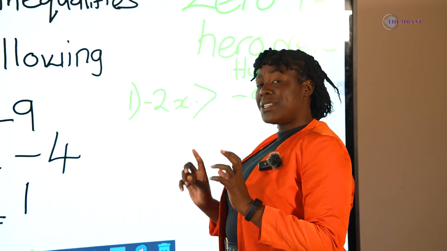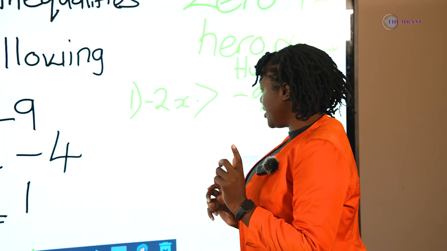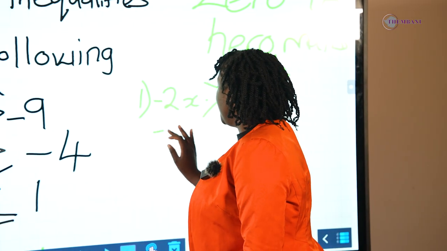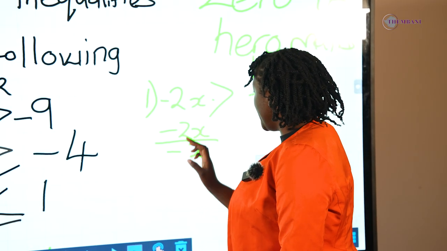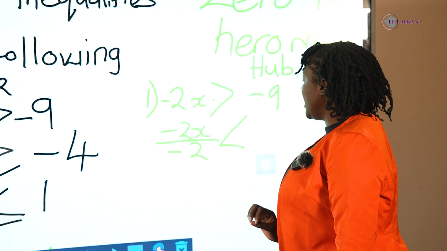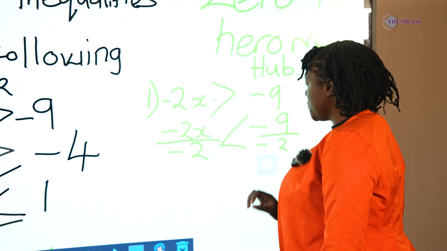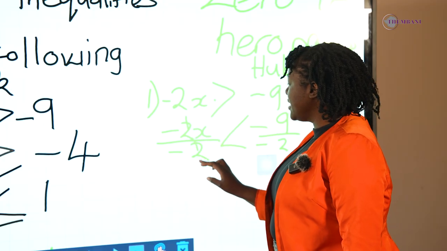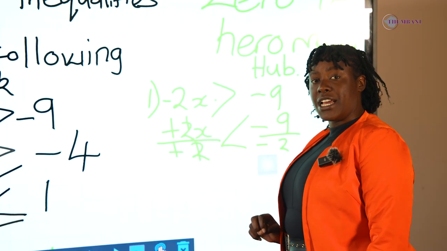When we divide by a negative, our inequality sign changes direction. So we have negative 2x over negative 2, the inequality sign changes direction, and we have negative 9 over negative 2. If we divide here, we get 1. If negatives divide each other, we get a positive.